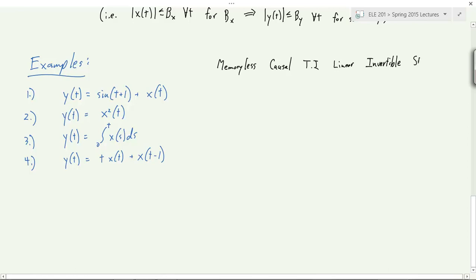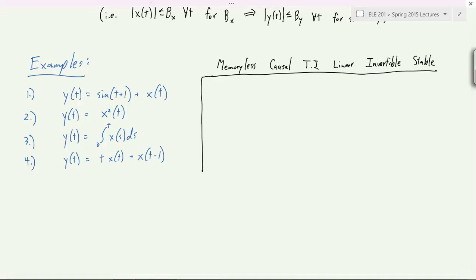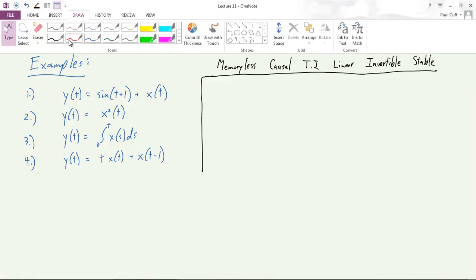It's always fun to make guesses, even if you're not sure. So as I fill in this table, I want to get some shout outs going. Yes or no. So for memoryless, first thing is memoryless.